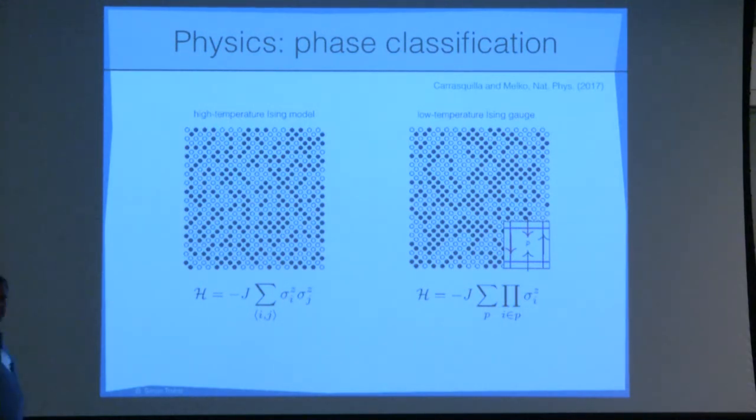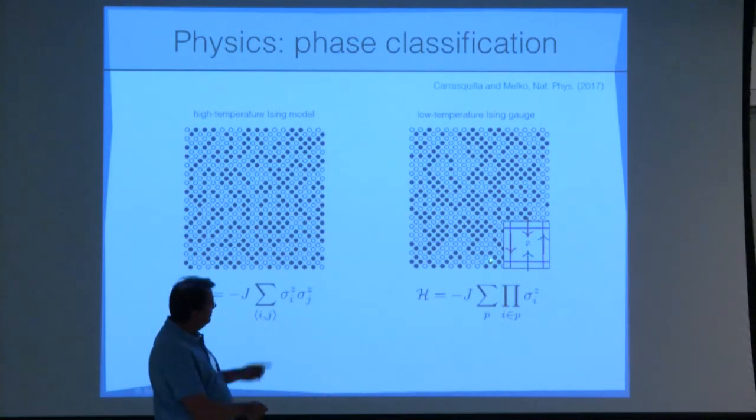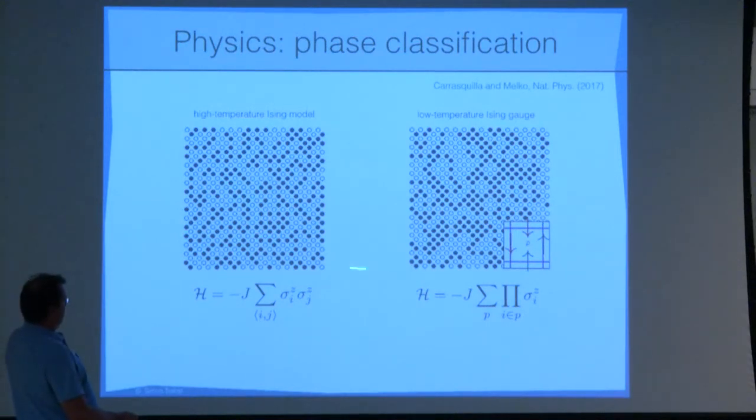Here's an Ising gauge theory in its ground state, where the Ising degrees of freedom sit on the bonds of a square lattice, and you enforce that there's an even number of spins pointing up or down per plaquette. This is a high temperature state of that model, and that's a low temperature state. And what's the difference?